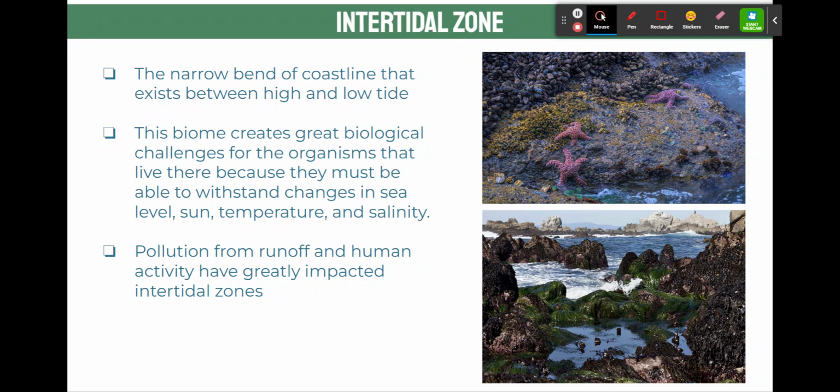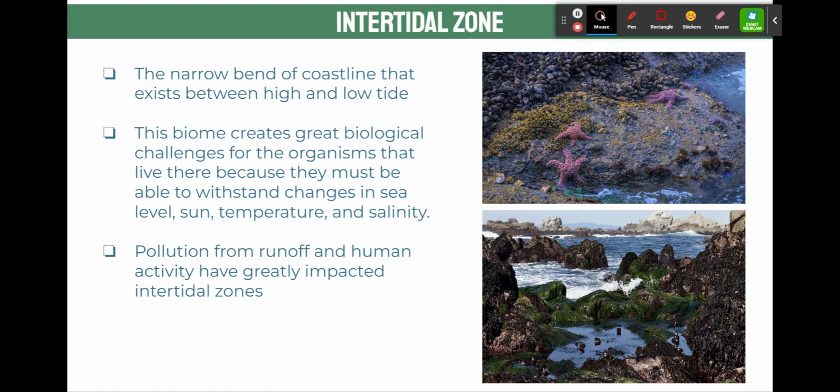Intertidal zones are the narrow band of coastline that exists between high and low tide. This biome creates great biological challenges for the organisms that live there because they have to be able to withstand changes in the tides. So tides go in and out depending on the moon. When it's high tide, you have a lot of water and the water is deep along the shoreline.